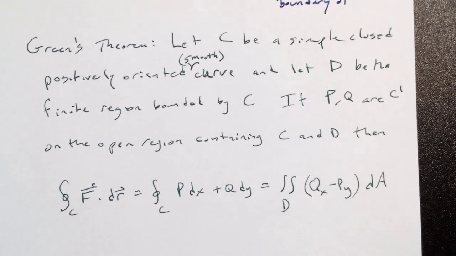What the absolute is this? Wait a minute. How did I know whether or not my vector field was conservative? Yesterday, how did I decide whether or not a vector field was conservative?